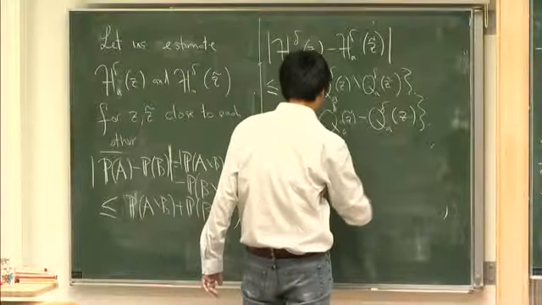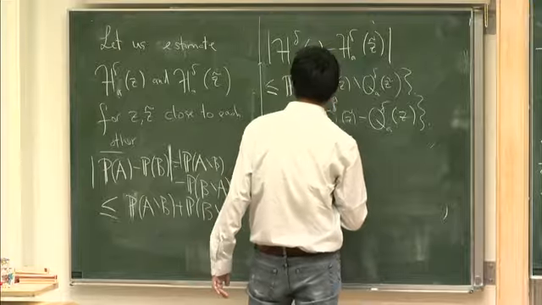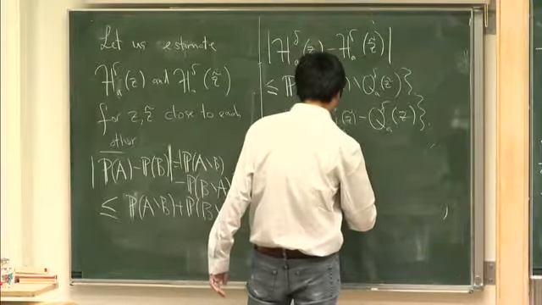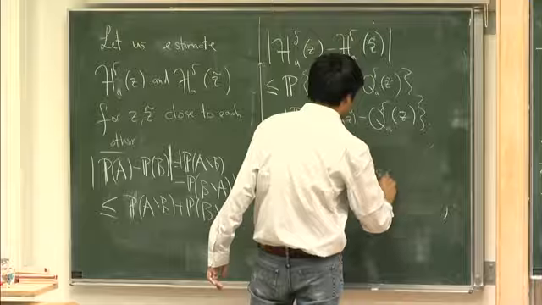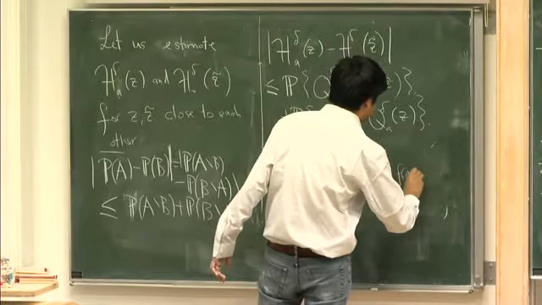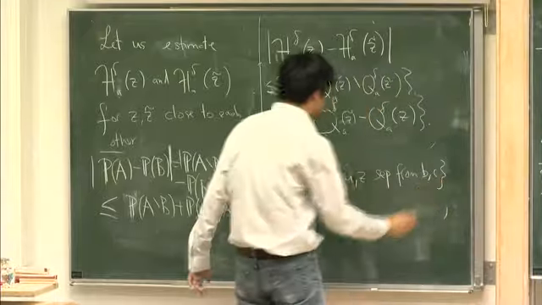It's the event that A and z are separated from B and C by a black path.